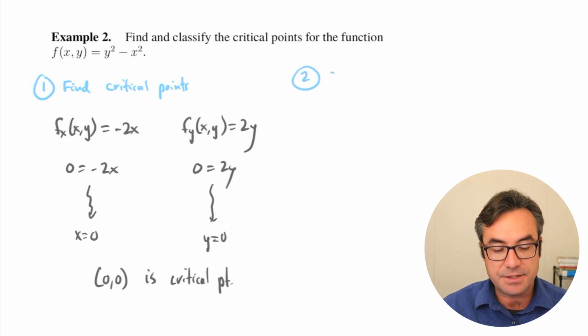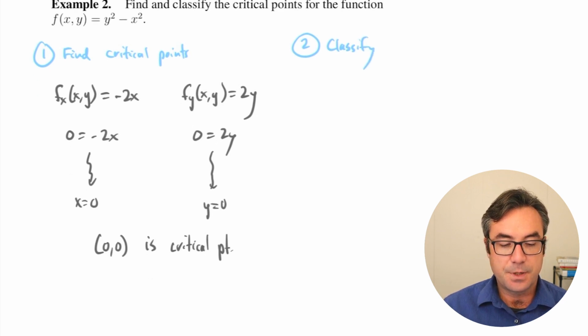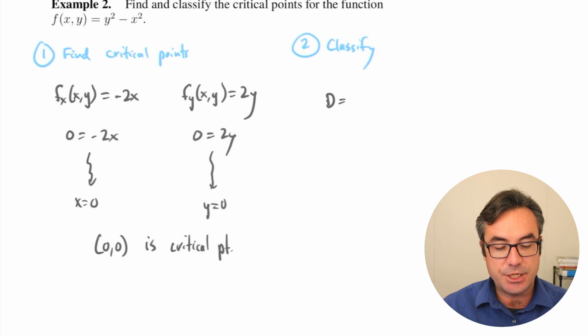All right, so starting off kind of easy. Let's actually classify. We're going to do our second derivative test. So let's set up this gadget D: f double x, fxy, fyx, and then f double y.